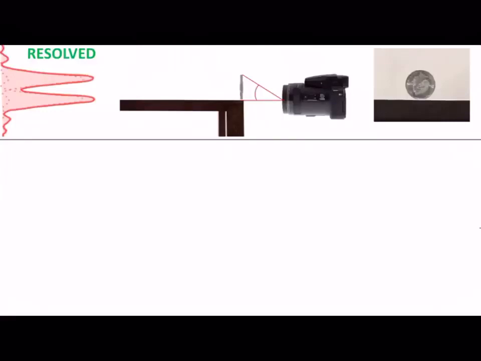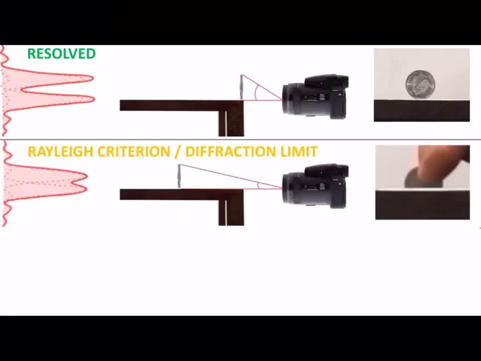So relating this to my observation, when the coin is closer to the camera, it is fully resolved. As you start moving the coin away from the camera, it meets the Rayleigh criterion, or the diffraction limit, and this creates a smaller angle, making the coin disappear bottom up.